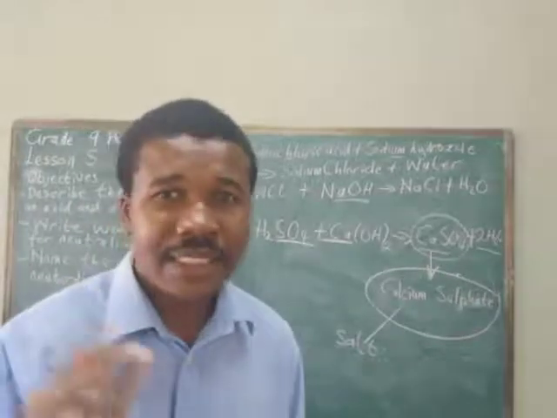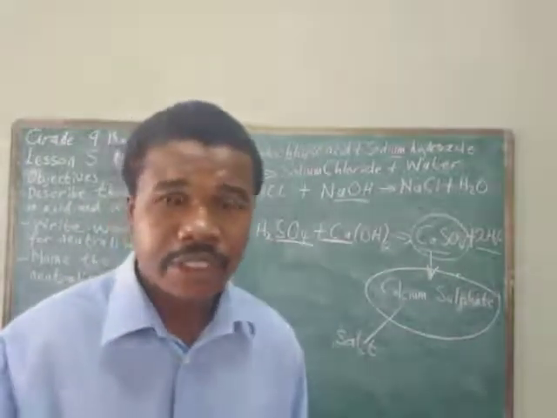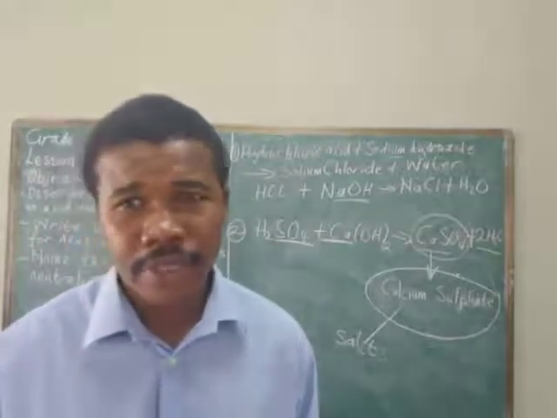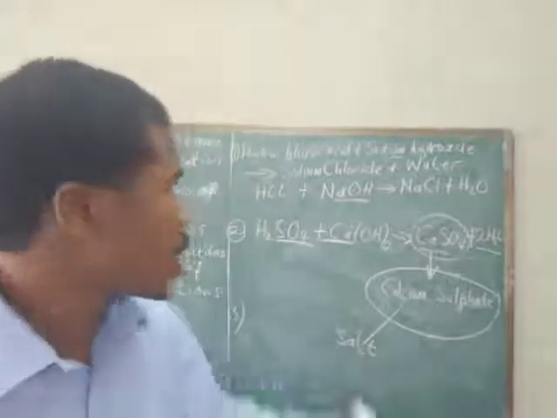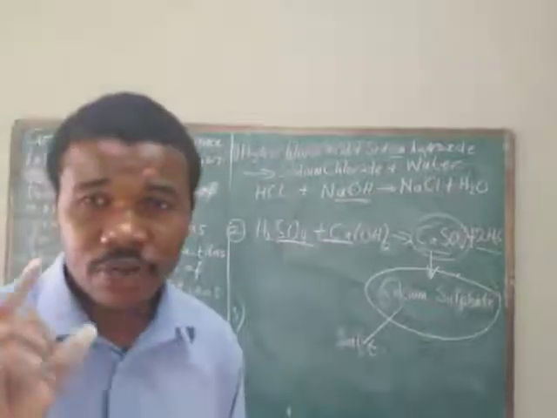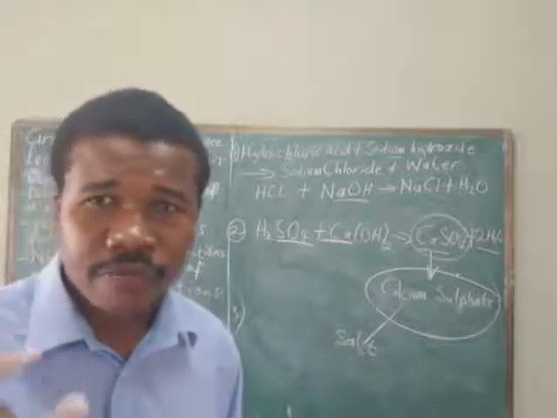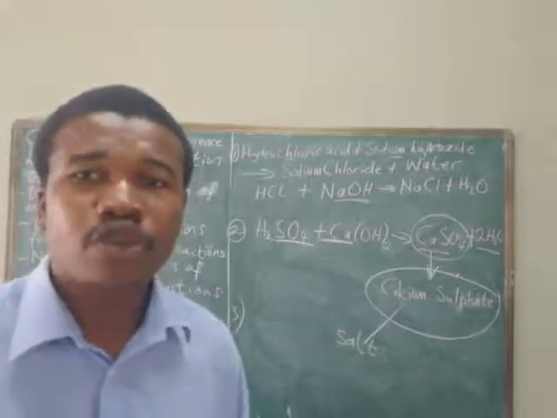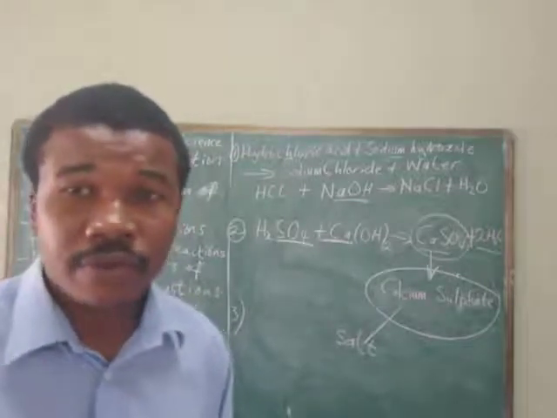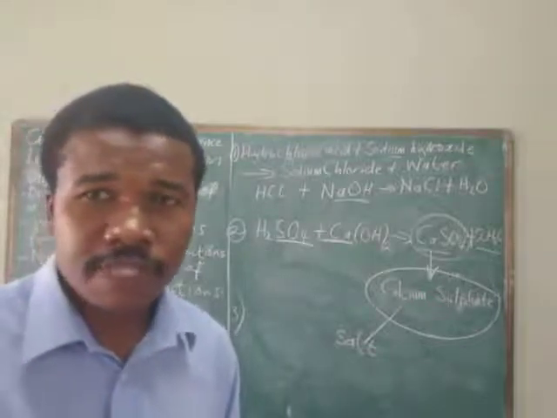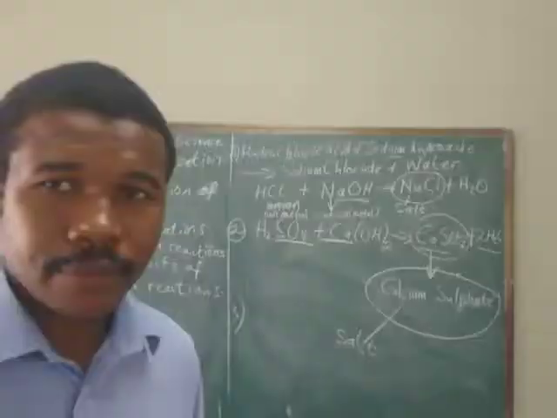Cation, anion. So you look at sodium hydroxide and find the cation, look at hydrochloric acid and find the anion, and then you join them together and they will give you the salt that you're supposed to produce. So just pause the video for 2 minutes and do that.